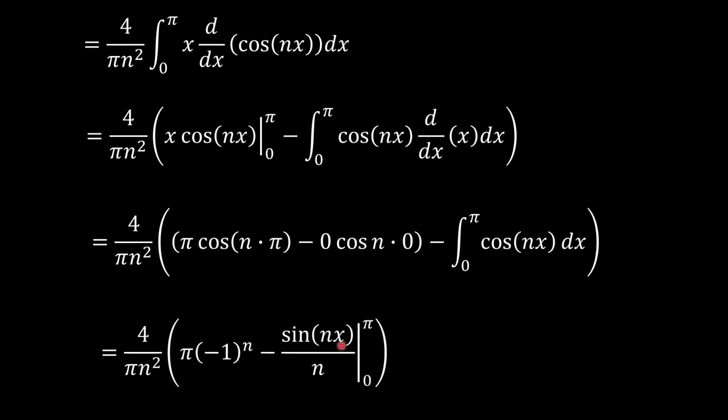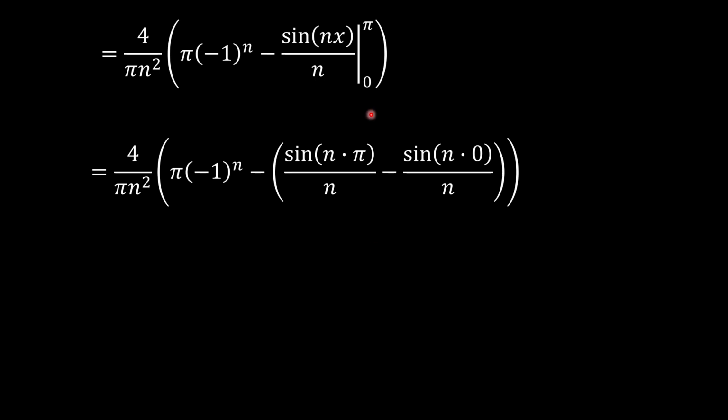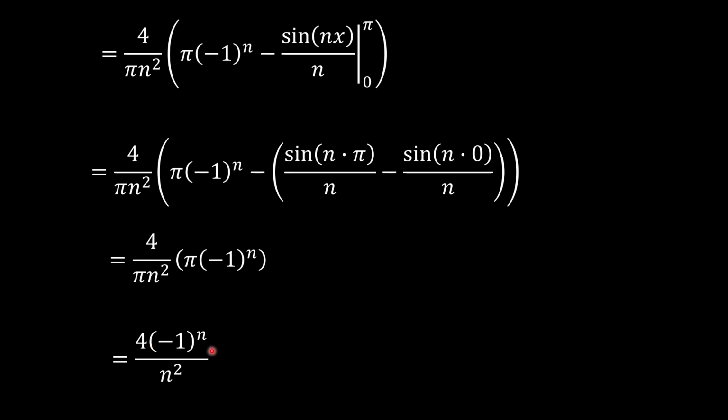And so we can integrate this, and it becomes sine nx over n. As we can see very quickly, in substituting in the limits, sine n pi is 0, sine n 0 is 0, so we are left with pi times negative 1 to the power n times 4 over pi n squared. And so our a_n constant is 4 times negative 1 to the power n over n squared.